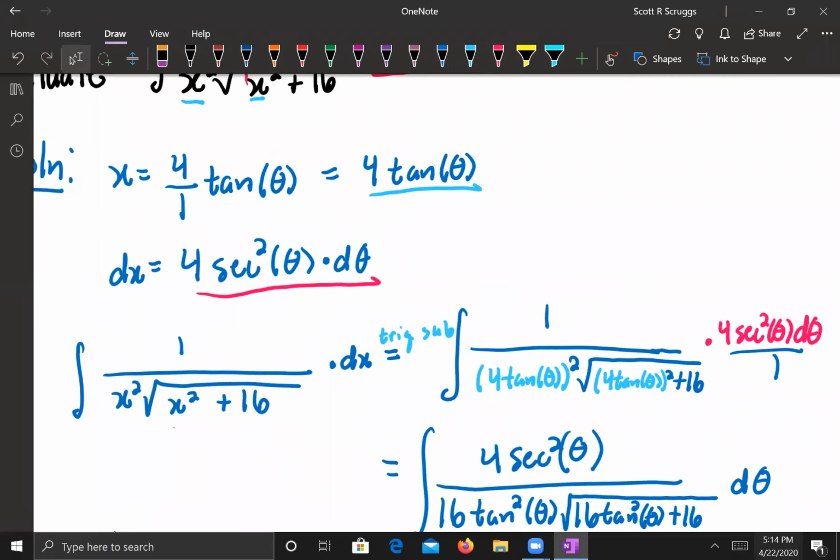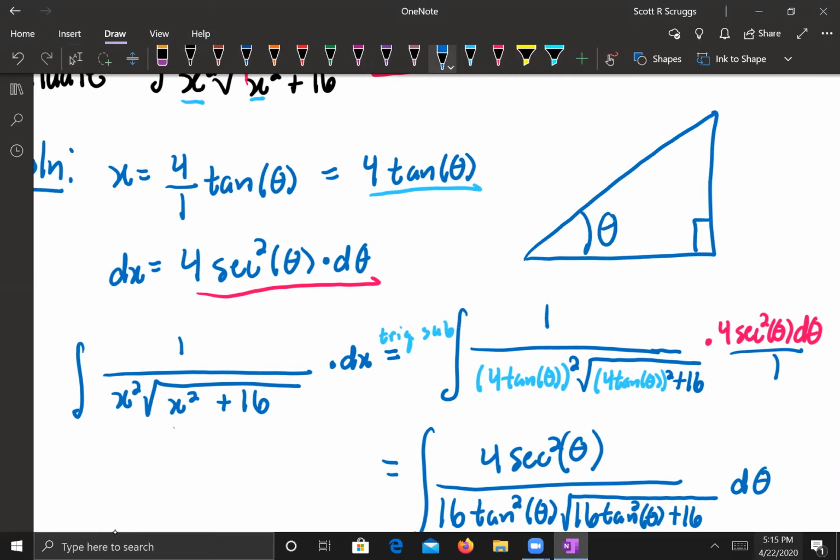Before I go any further, I'm going to go ahead and draw my triangle on the side, so that when I convert back to x, I already have my legend or key over here for me. Because I had to deal with tangent, x divided by 4 equals tangent of theta.